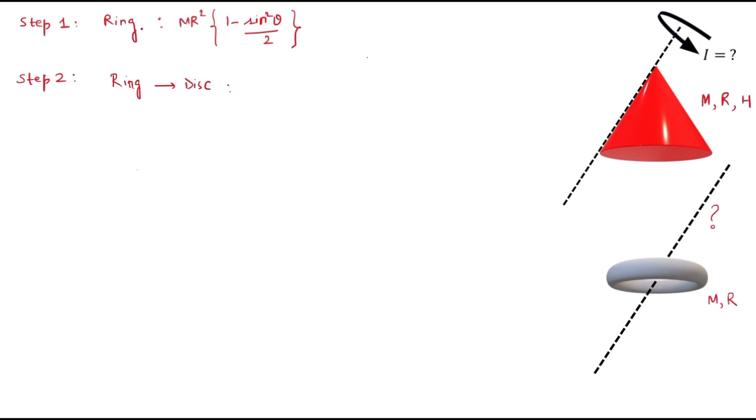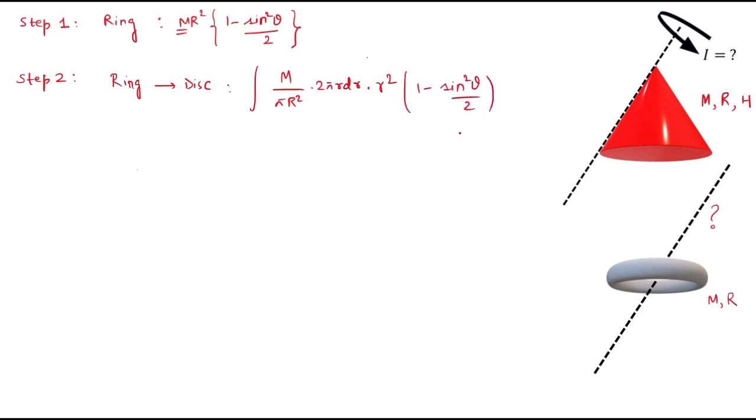Instead of capital M, now I will have elemental m, so that will be m by pi r square times 2 pi r dr. So my capital M is done, multiplied by, now the radius is small r, multiplied by 1 minus sine square theta by 2.